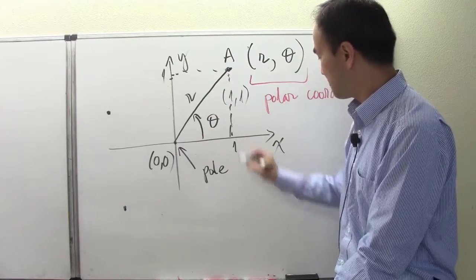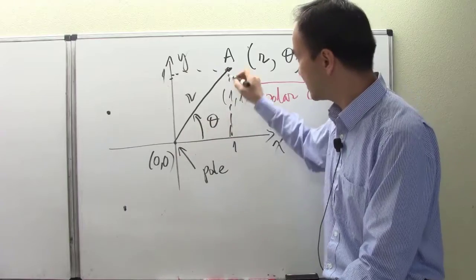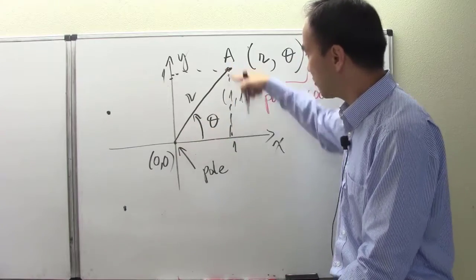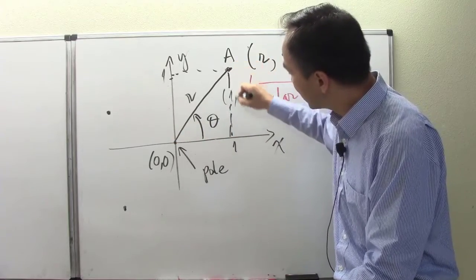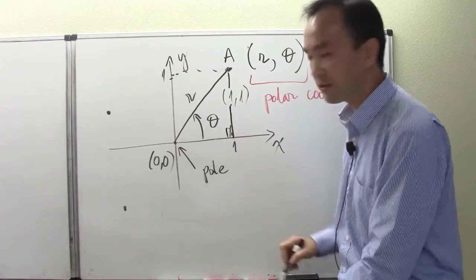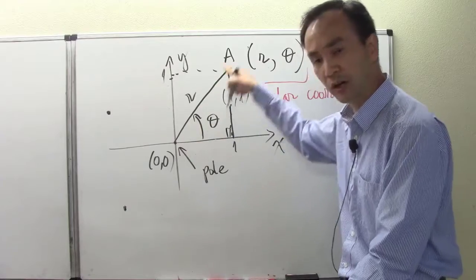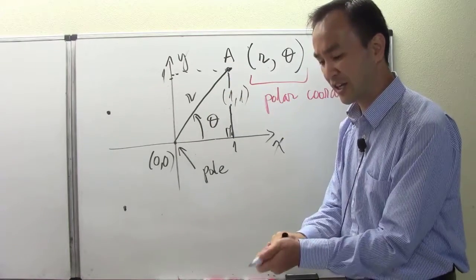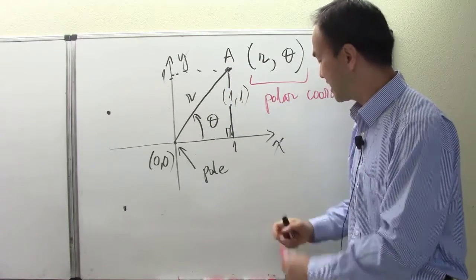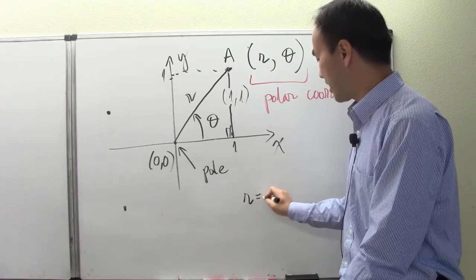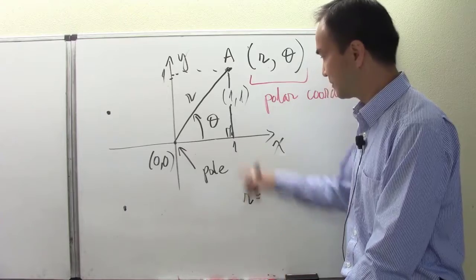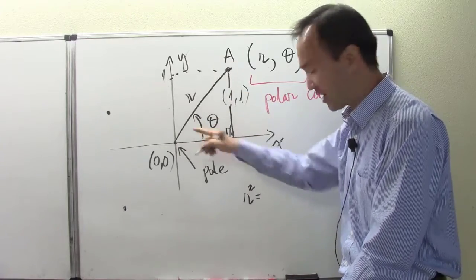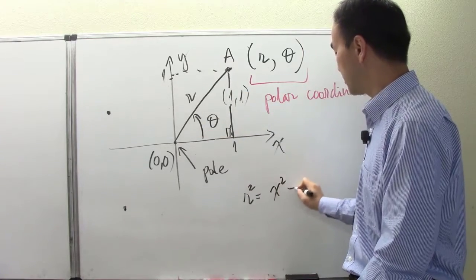So the radius is the hypotenuse of this triangular shape right here. We have a right triangle, with a 90 degree angle right there. So the hypotenuse is this r. In our case, according to the Pythagorean theorem, the square of that hypotenuse, because the radius is the hypotenuse in this triangle, is x squared plus y squared.